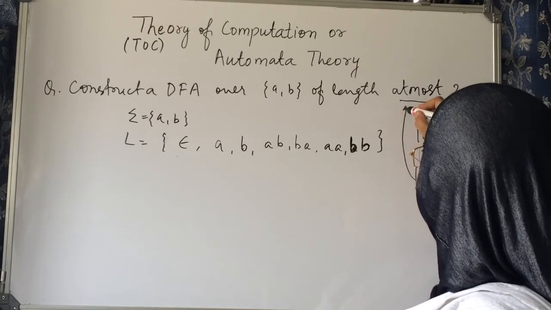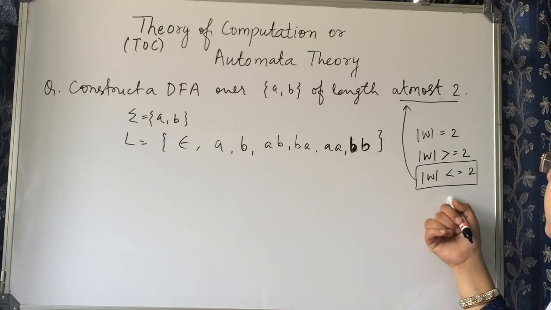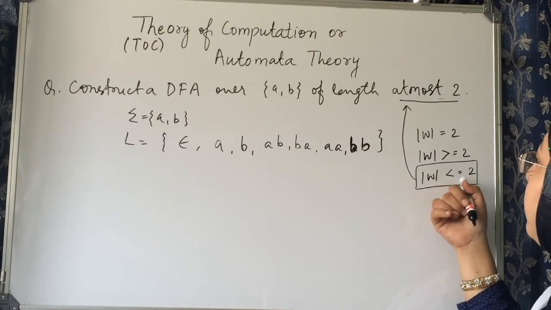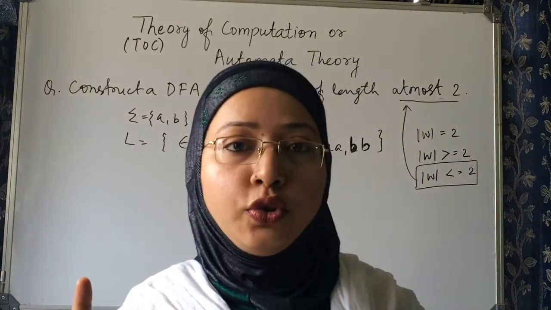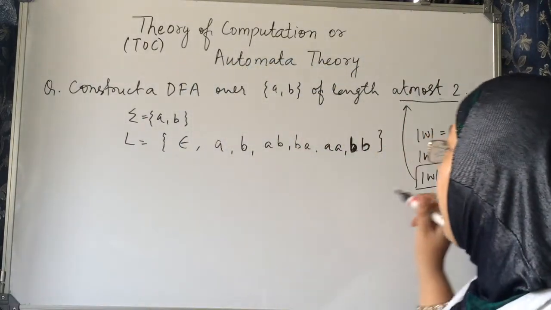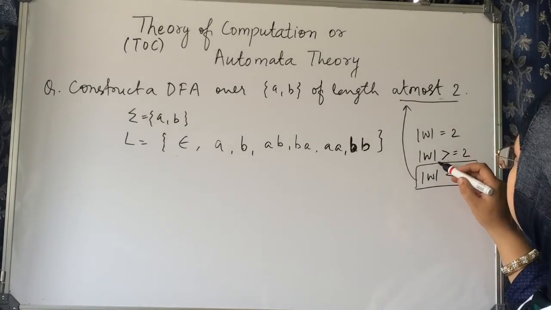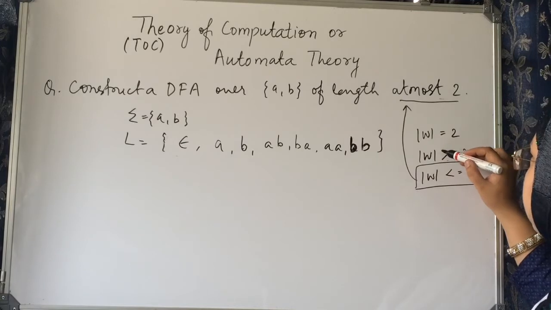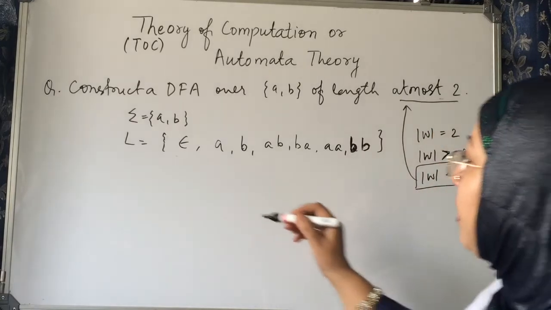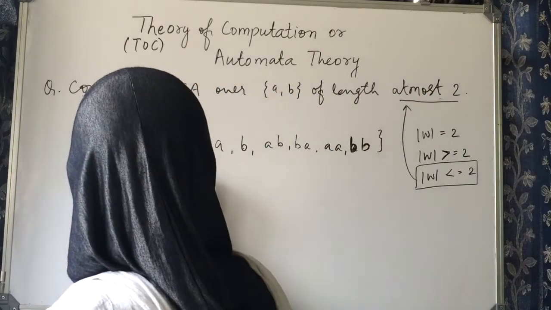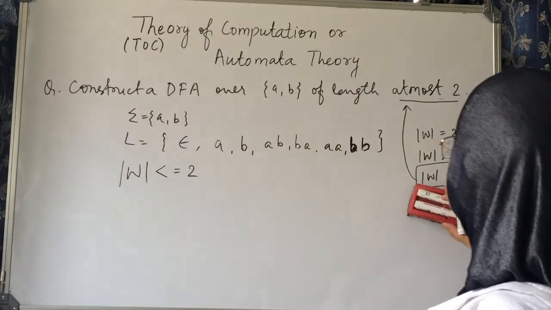This question says that the length of word should be less than or equal to 2. In the first question we had discussed that the length of word is just 2, equal to 2. And in the second question it says the length of word was at least 2, meaning greater than or equal to 2. And in this question it says at most 2, so the length of word is less than or equal to 2.